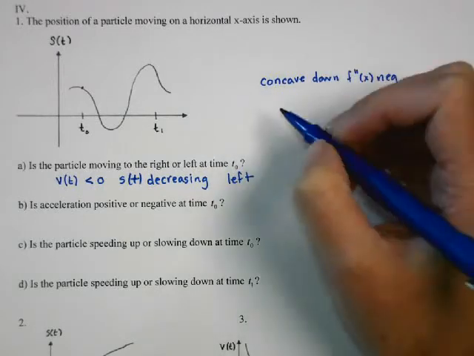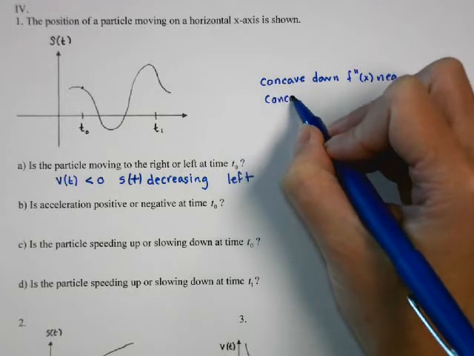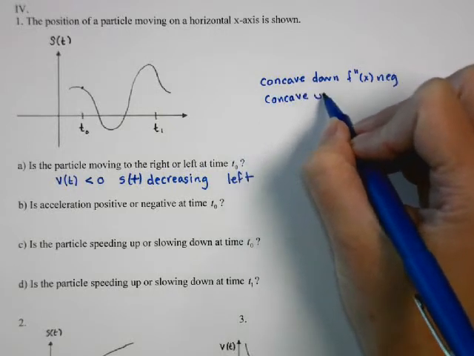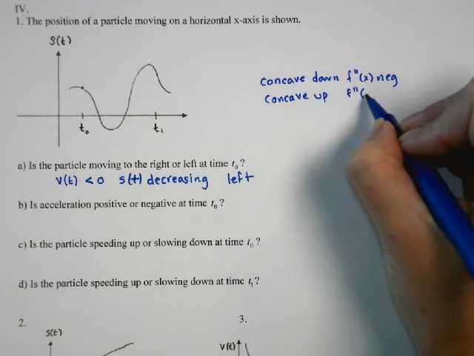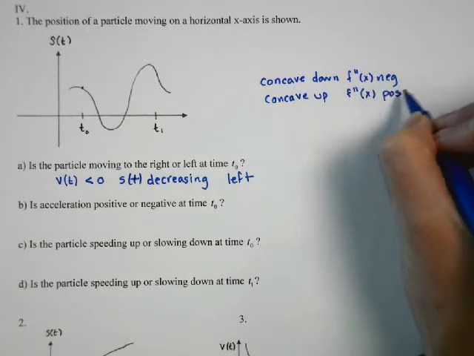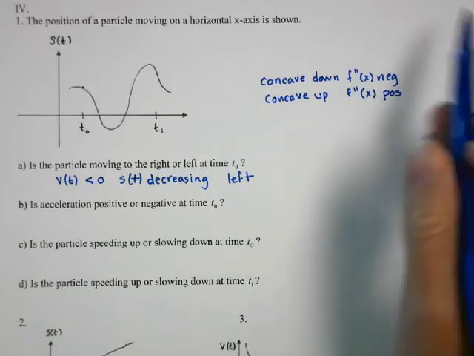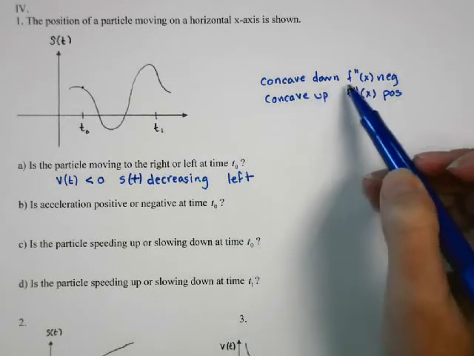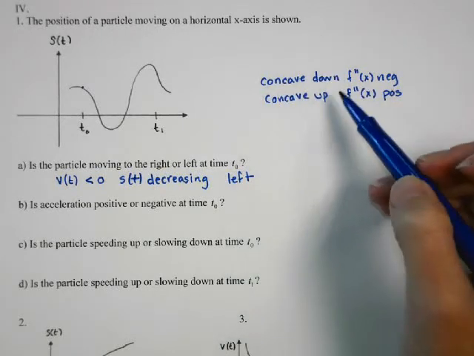And if it is concave up, the second derivative is positive. And vice versa. If the second derivative is positive, we have a concave up graph. If the second derivative is negative, our graph is concave down.